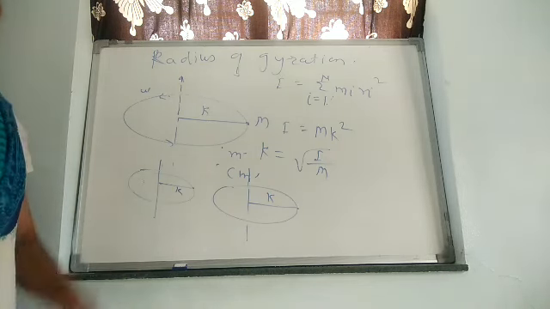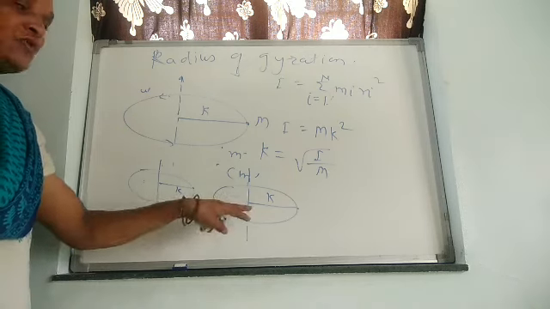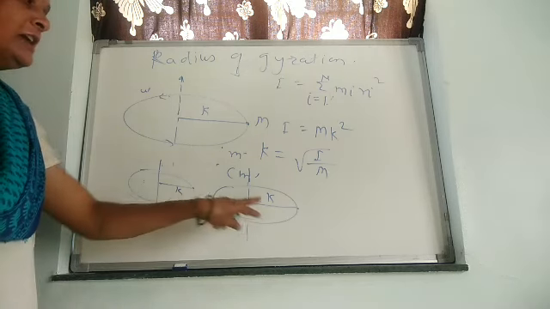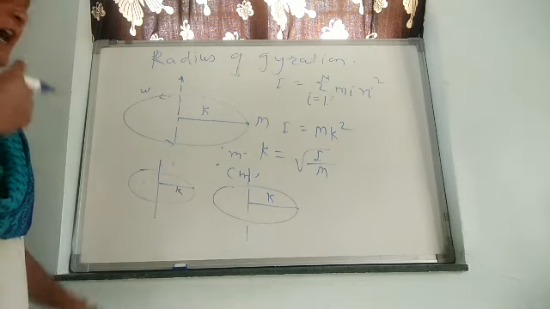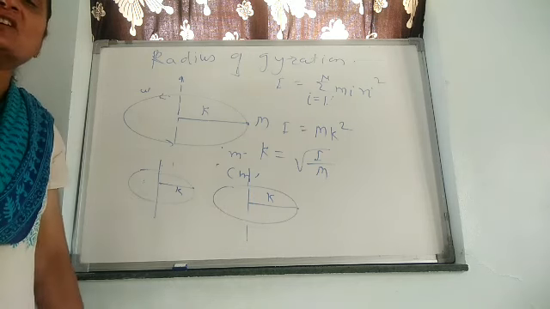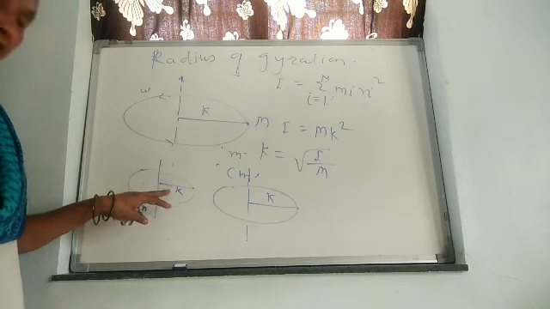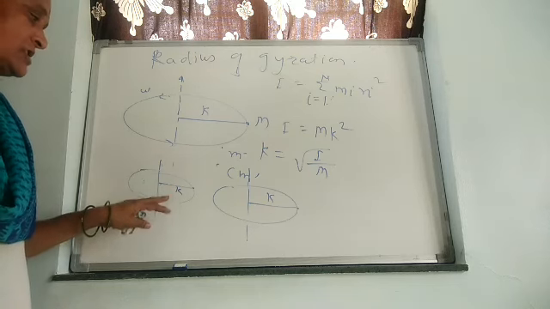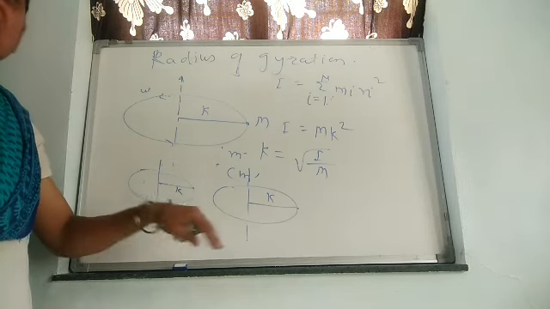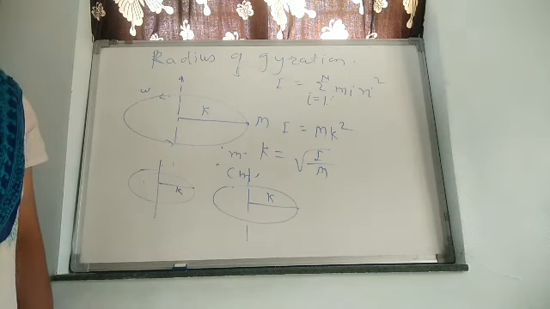A large value of k indicates that particles are widely distributed from the axis of rotation. Automatically, its moment of inertia is also large. That means when k is small, the moment of inertia is small, and when k is large, the moment of inertia is also large.